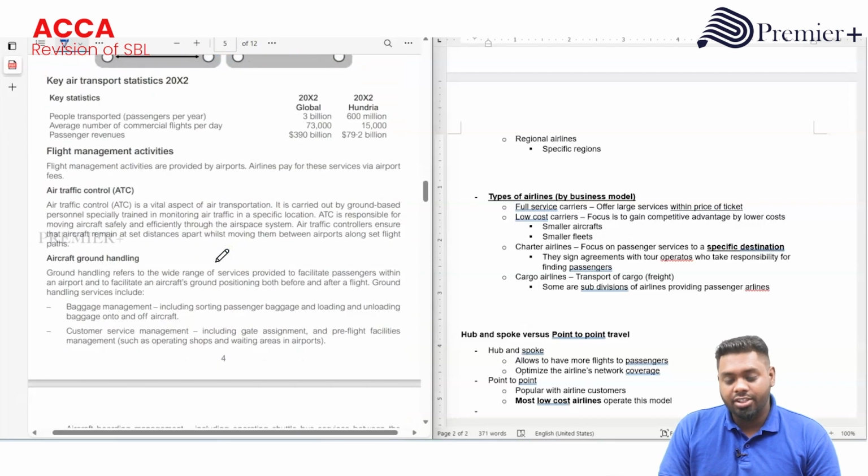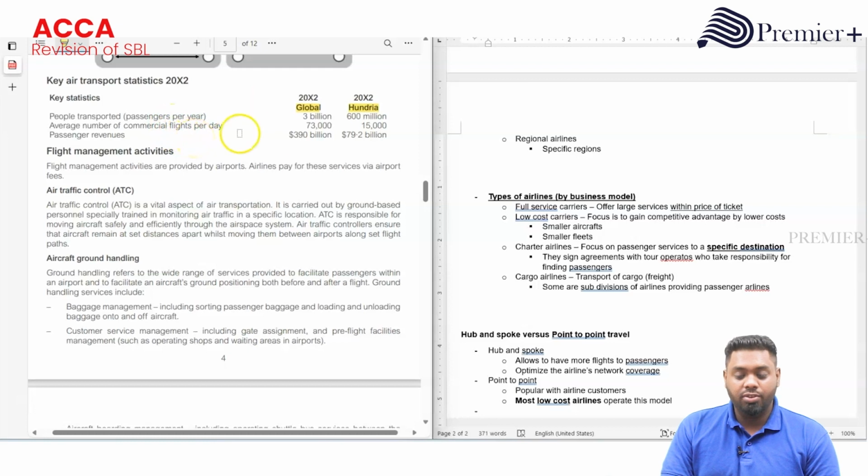Next, key air transport statistics in 2022, global and in Hungary. People transported, passengers per year: overall 3 billion, but in Hungary it's 600 million. So you can see the proportion of passenger transport in the Hungarian continent versus the global case.